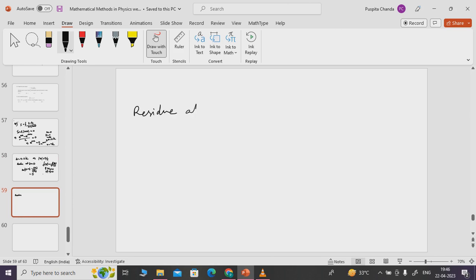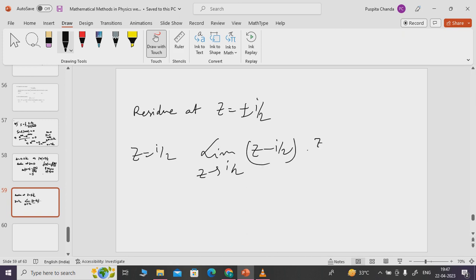Now the residue at z is equal to plus minus i by 2. At z is equal to i by 2, that is the limit as z tends to i by 2 of z minus i by 2 into z by sinh 2 pi z.